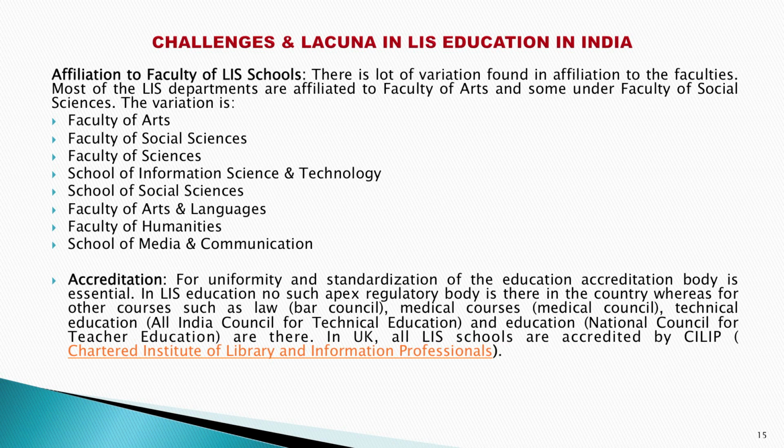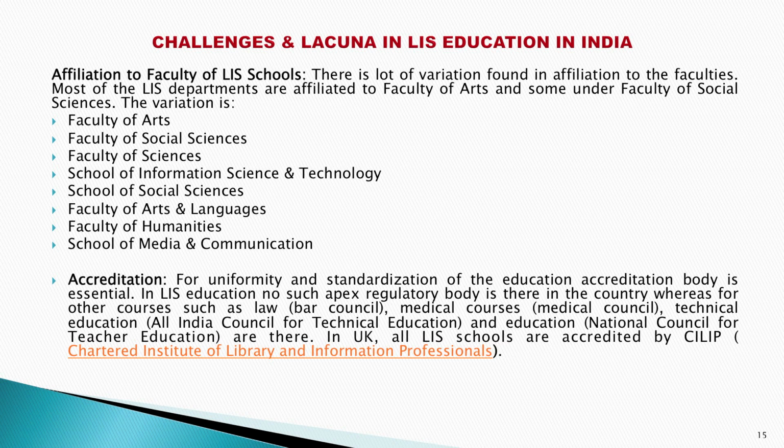We found a lot of variation in affiliation to the faculties. Most of the LIS departments are affiliated to the Faculty of Arts, some are under the Faculty of Social Sciences, but some are under School of Information Science and Technology, Faculty of Sciences, Faculty of Arts and Languages, Faculty of Humanities, School of Media and Communication.